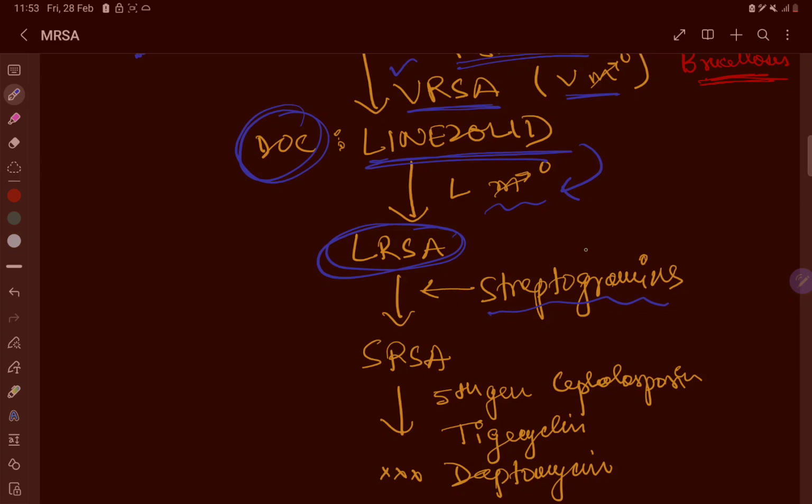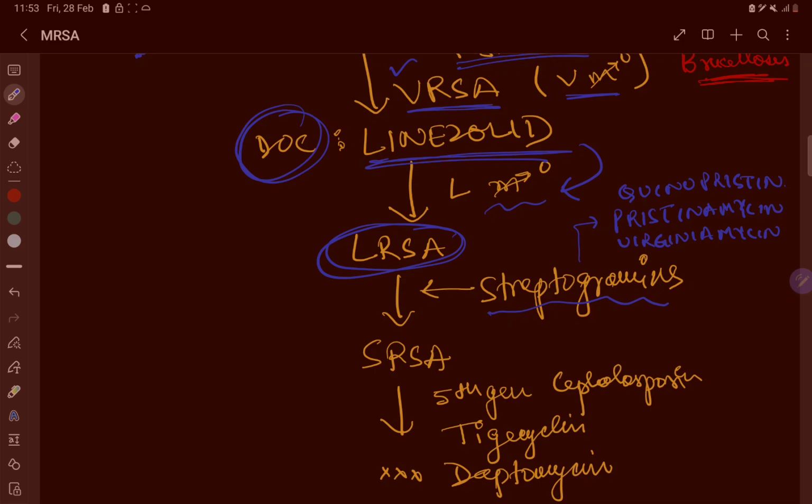Okay, so the examples of streptogramins are pristinamycin, virginiamycin, and quinupristin.